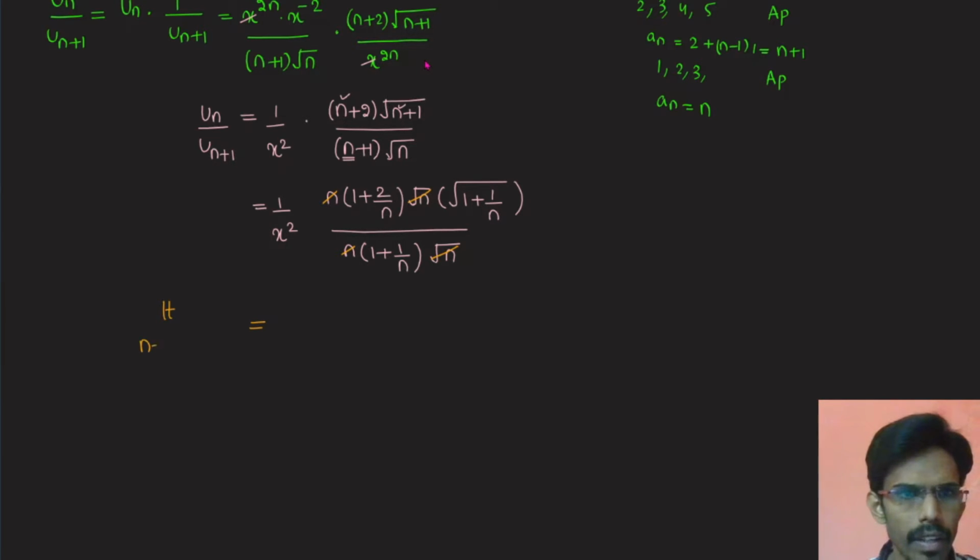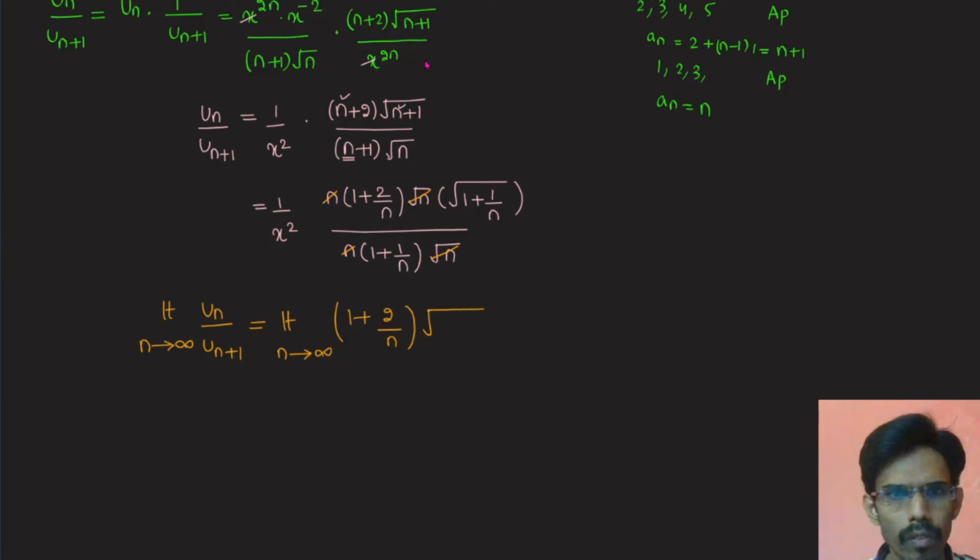Limit n tends to infinity, un upon un plus 1 will be limit n tends to infinity. Here we have 1 plus 2 by n into root over 1 plus 1 by n in numerator. In the denominator we have 1 plus 1 by n.